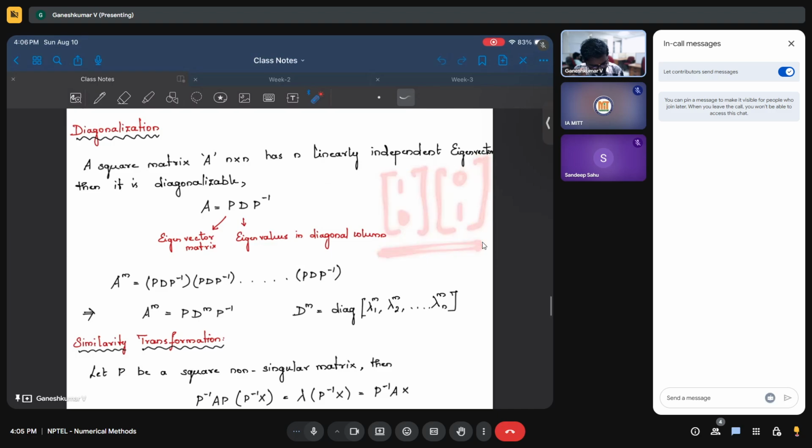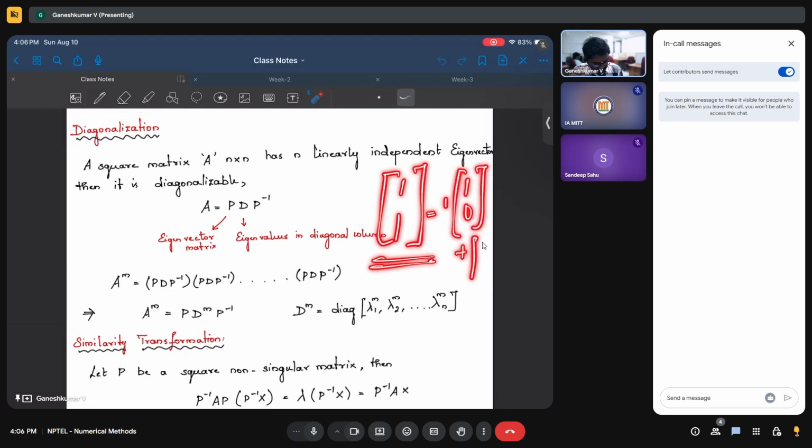Let's say this is a vector, and you can write it as 1 0 plus 0 1. So in this case, 1 0 and 0 1 are linearly independent eigenvectors. However, 1 1 is linearly dependent, since it depends on both 1 0 and 0 1.